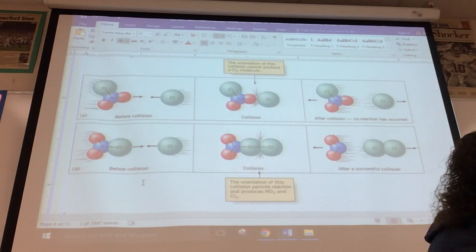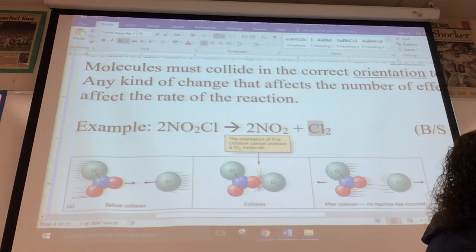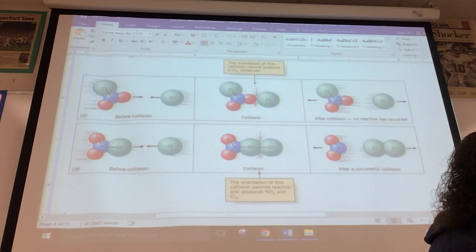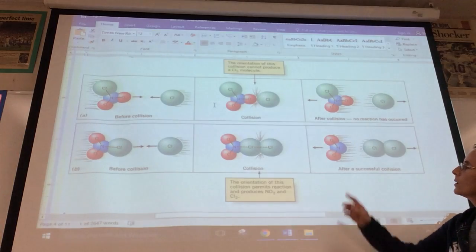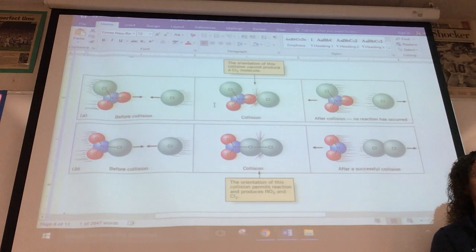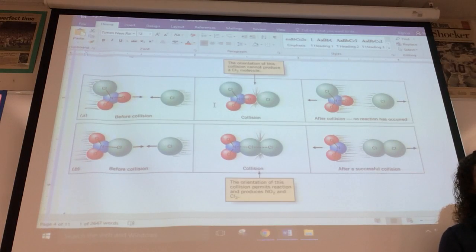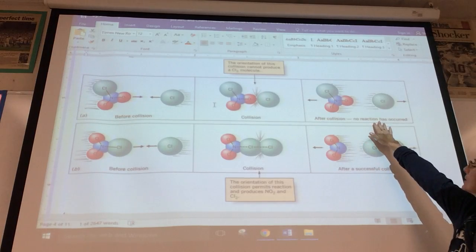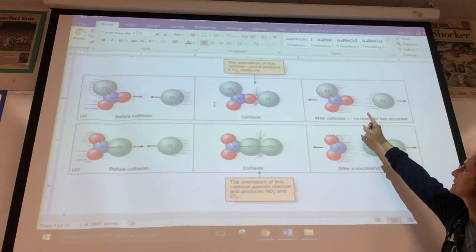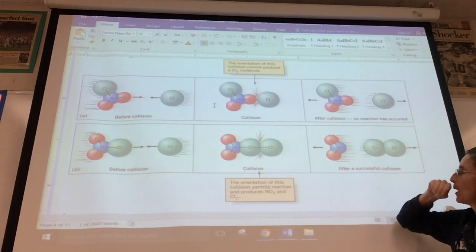But if you look at your products, you want to generate chlorine gas. This one is unsuccessful because the two chlorine atoms are not positioned in such a way that they can link together. So this collision is not successful, and you basically go back to where you started from.